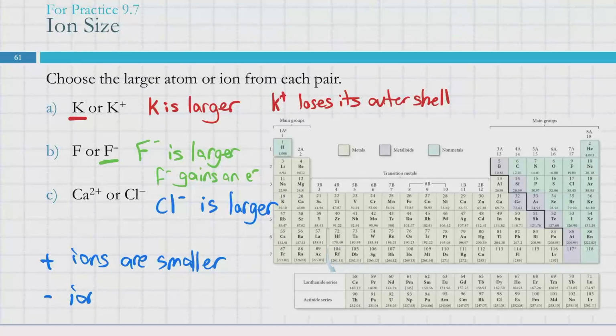Negative ions get bigger. So that trend works for comparing a neutral versus an ion, as well as comparing isoelectronic ions. The positive one's going to be smaller, the negative one's going to be bigger.